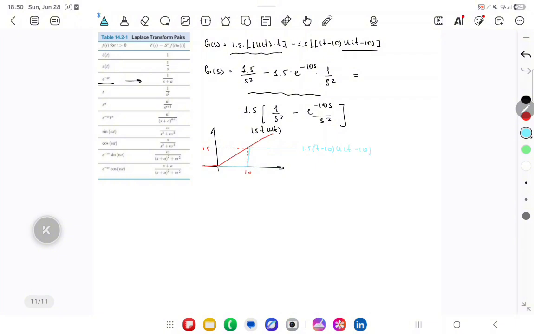But since the total g is just the difference of these two functions, their slope will kind of cancel each other out starting from this time point. So essentially what we will have as a result is the green line, where we just have a constant from our time point t equal to 10.